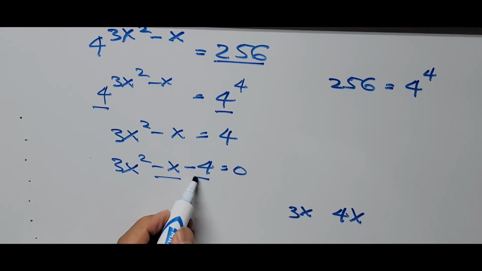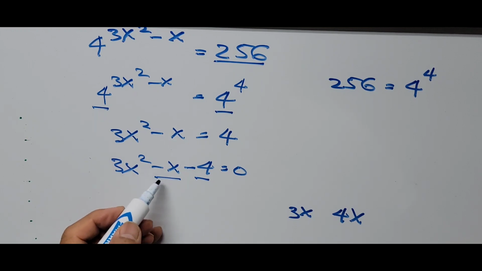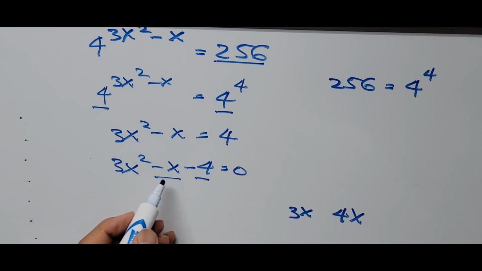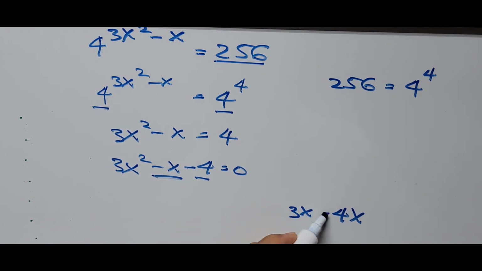If you notice, the third term is negative 4 and the middle term is negative x. If you sum them up, you end up with negative x. That means the bigger value takes the negative sign, and the smaller takes the positive sign.